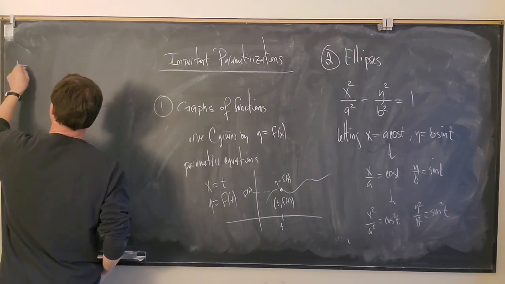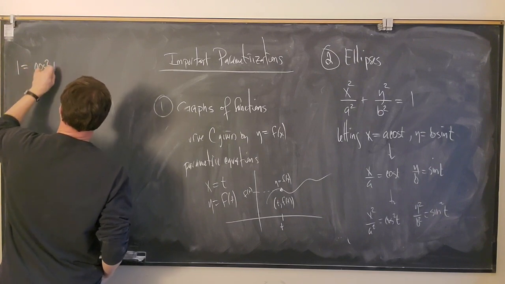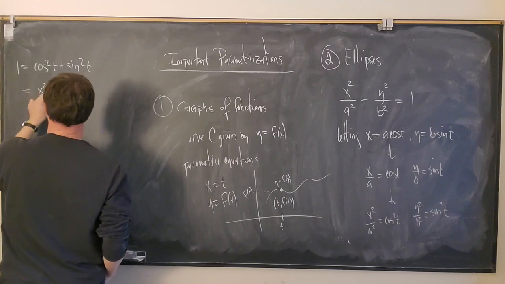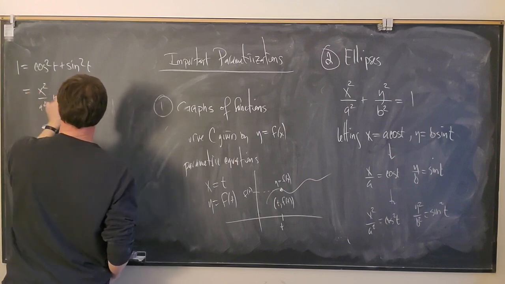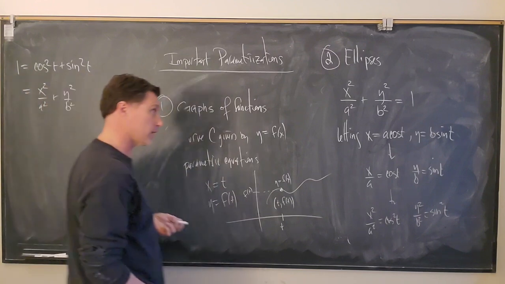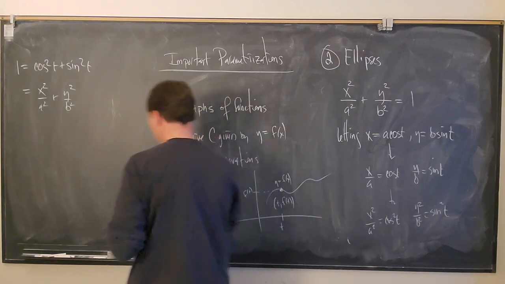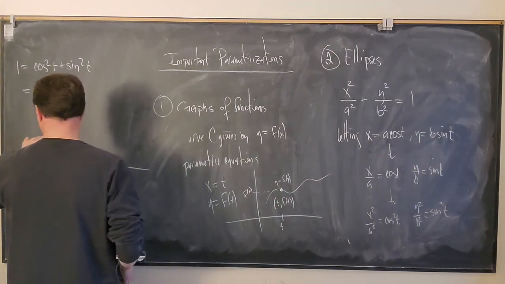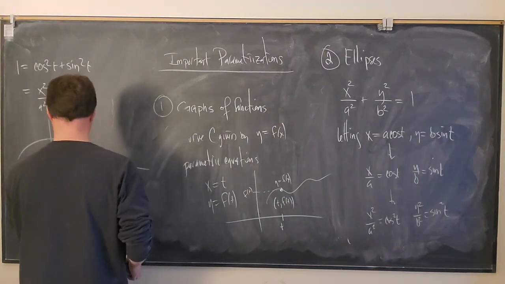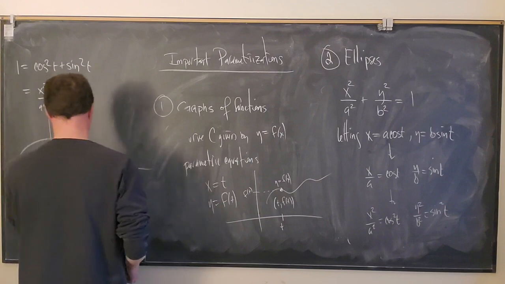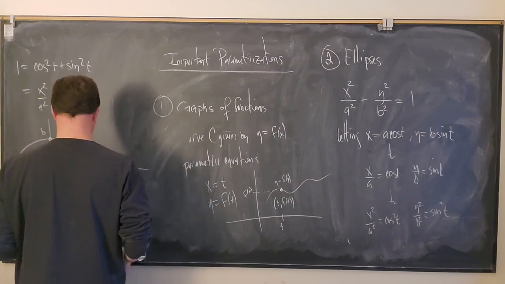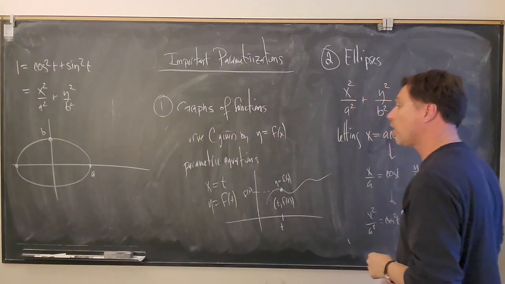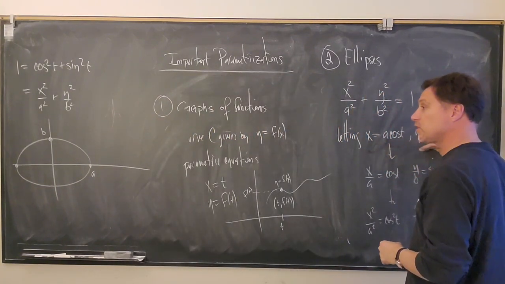So we get 1, which equals cosine squared t plus sine squared t, which is x squared over a squared plus y squared over b squared. So what that tells us is that the ellipse x squared over a squared plus y squared over b squared is parameterized with these two equations right here.